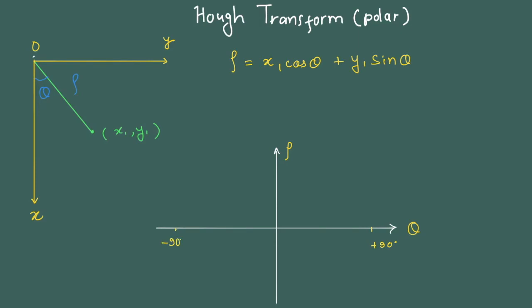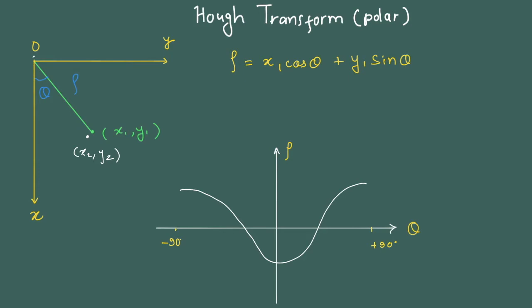So if I substitute the value of x1 and y1 for the variation of theta, we will get a sinusoidal wave for rho. So it might come, let's say something like this. Then if I take another point with x2, y2, there the value of theta will be different.